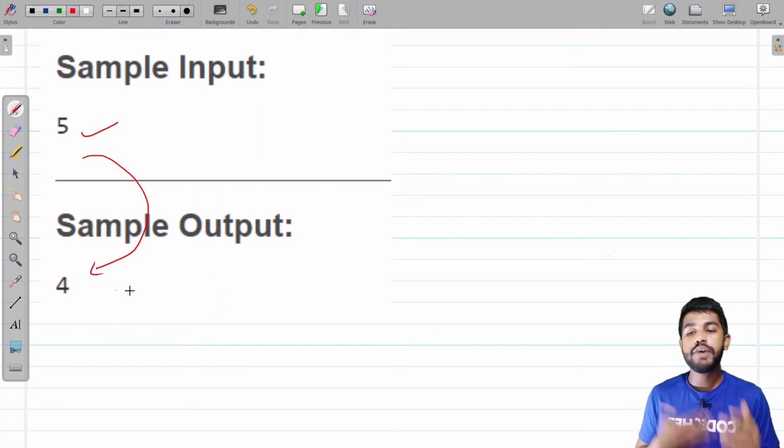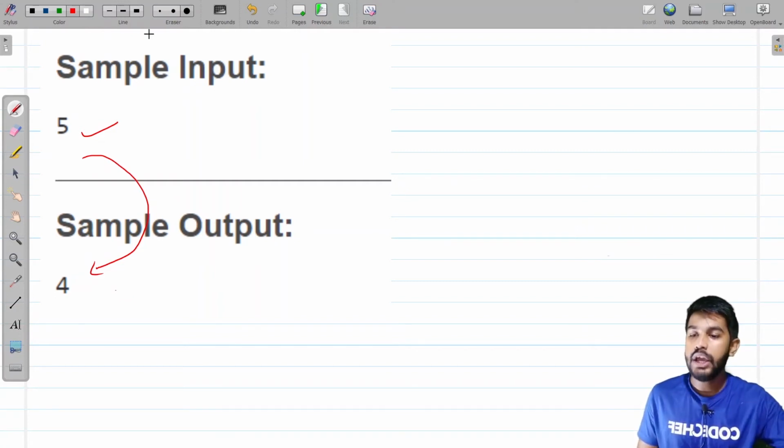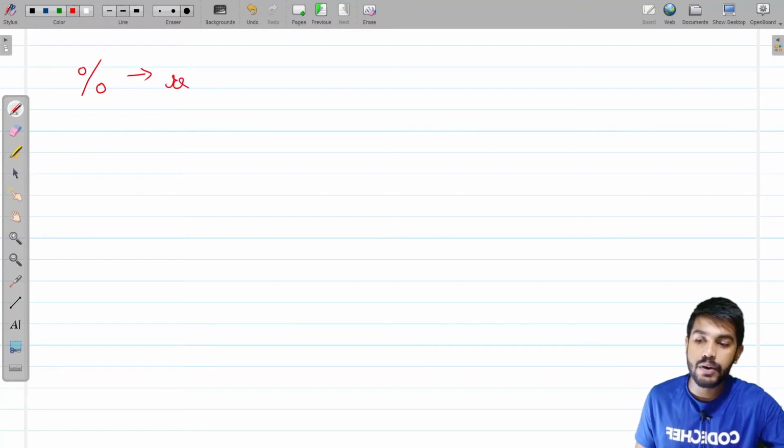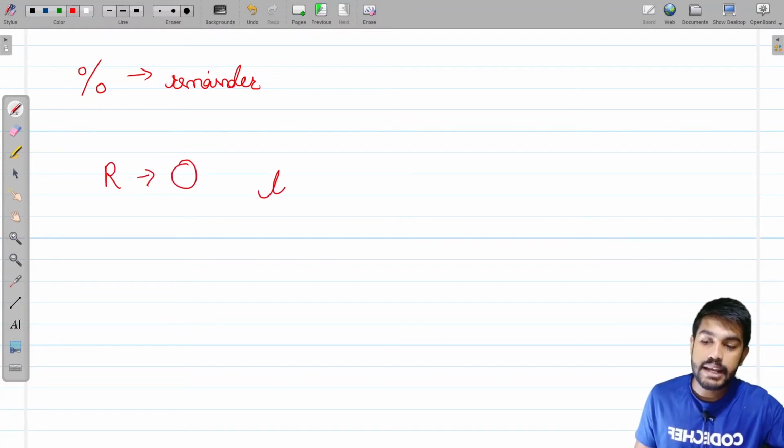Now, how can we implement this? To implement this, there is a thing known as the modulo operator. Modulo operator tells us the remainder. And we know that if the remainder is 0, then the number is divisible.